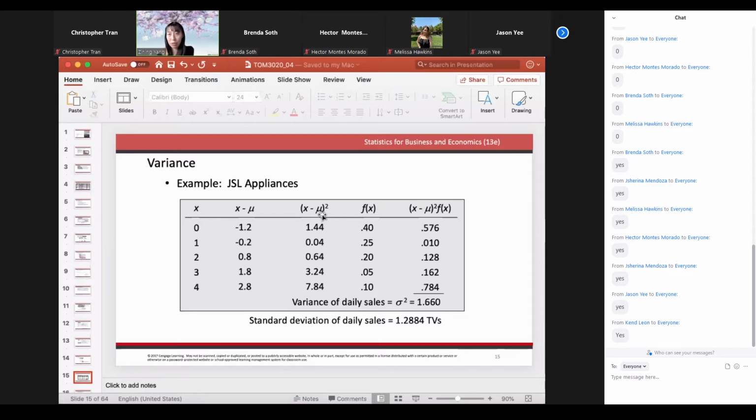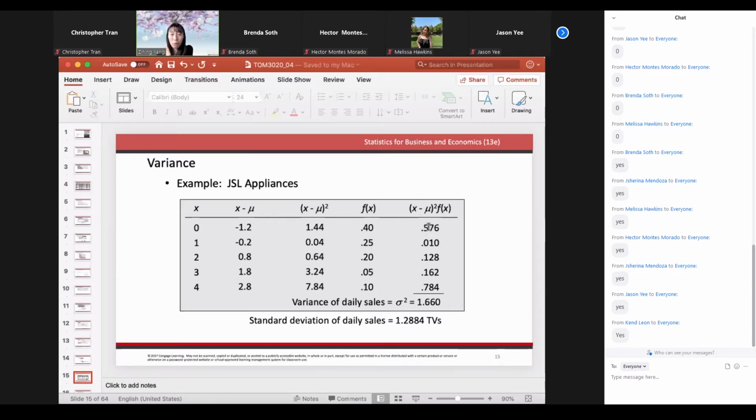Then the next step is to do the square. So negative 1.2 squared is 1.44. Negative 0.2 squared is 0.04. 0.8 squared is 0.64. So we square everything and then multiply by the probability.